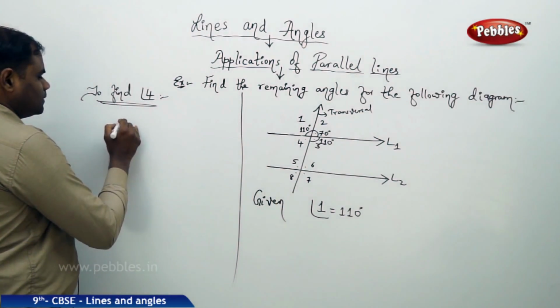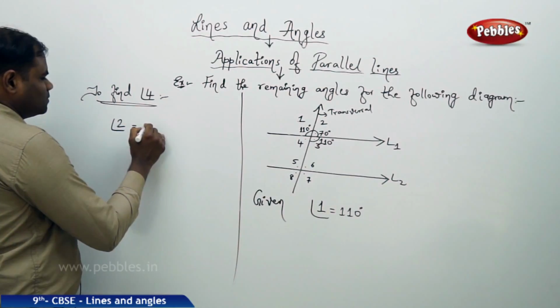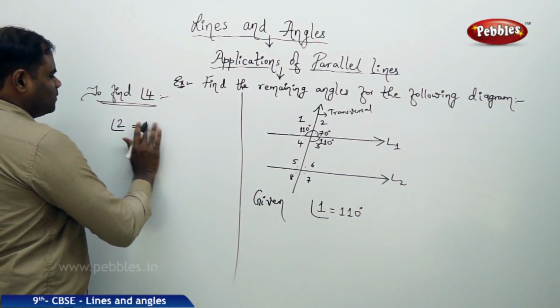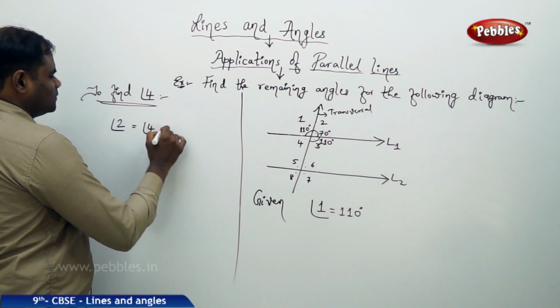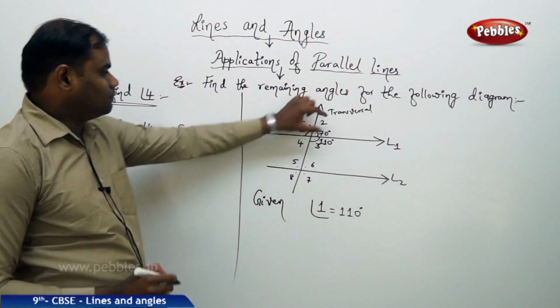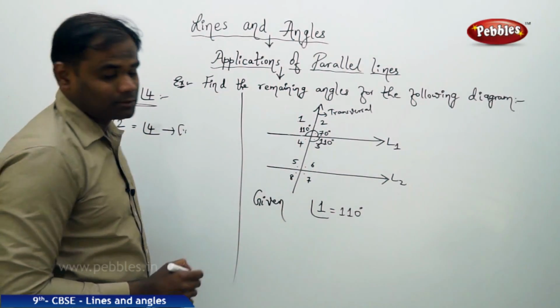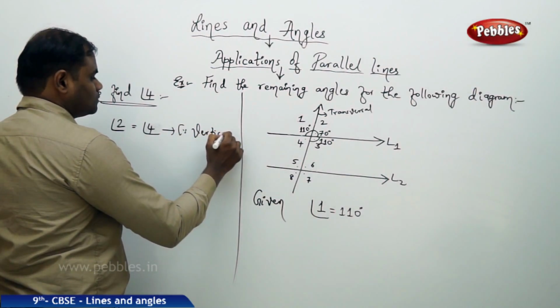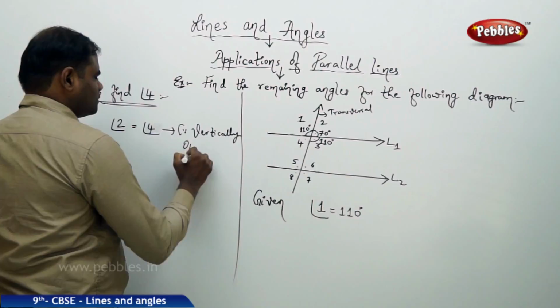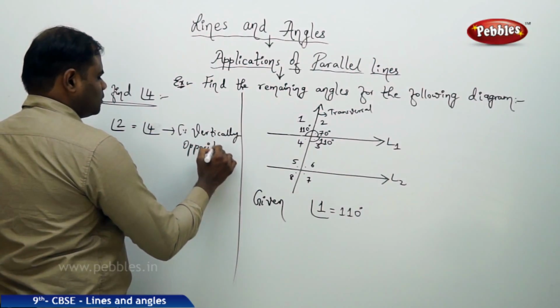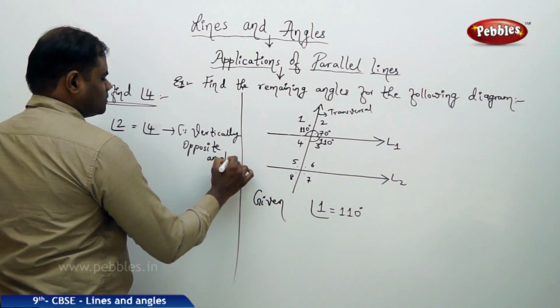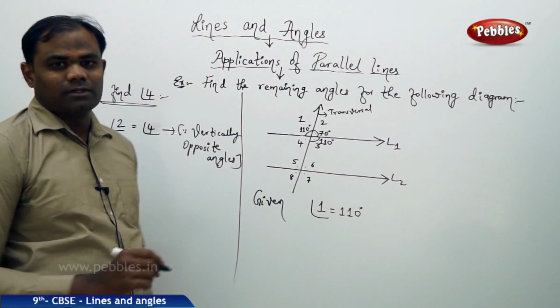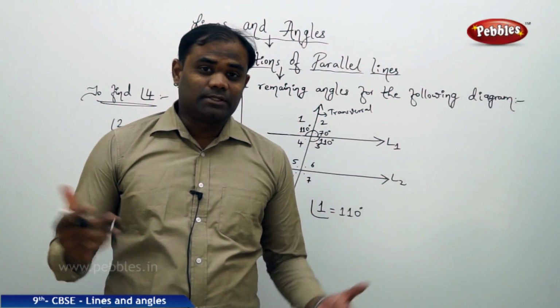Therefore, angle 2 equals angle 4, since they are vertically opposite to each other, and vertically opposite angles are always equal.